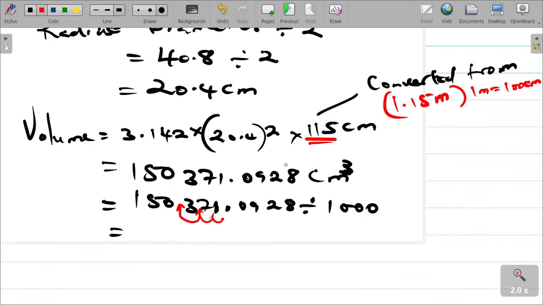That is going to give us 150.37100928 liters.